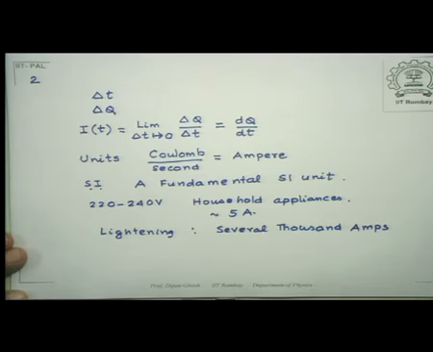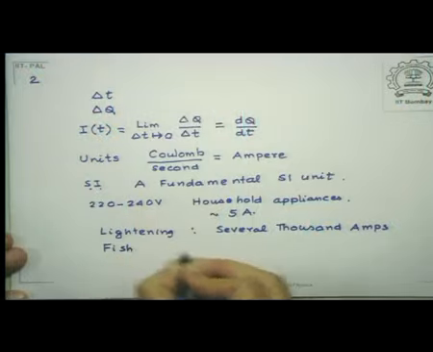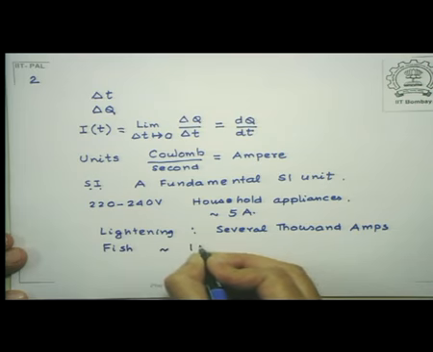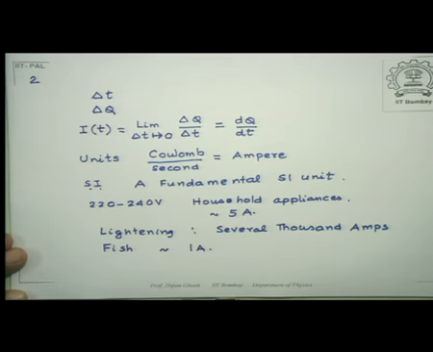Now on the other side, I talked about certain fish like catfish and eel which give out electric currents. There again, the natural currents are typically about an ampere. On the lower end, the human nervous system gives microamperes.